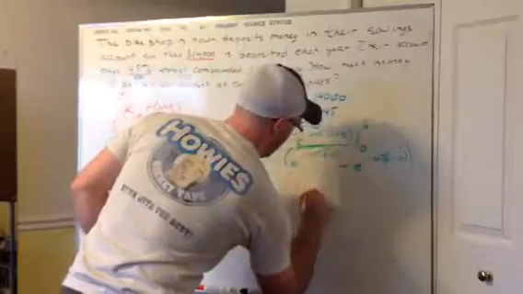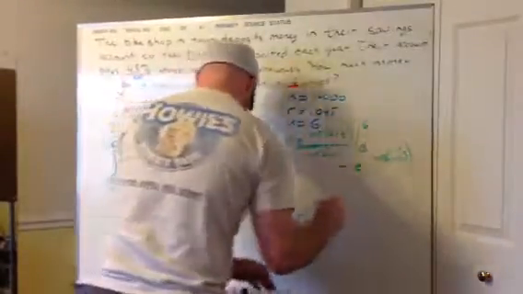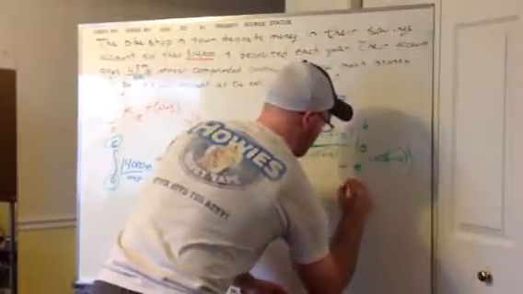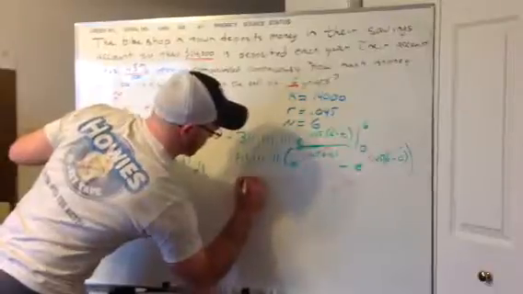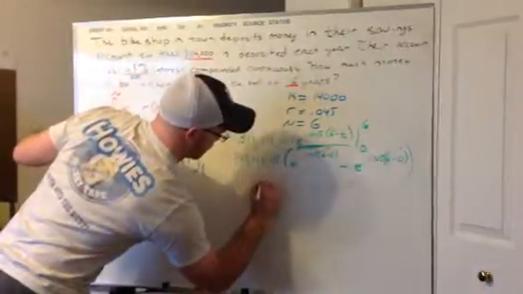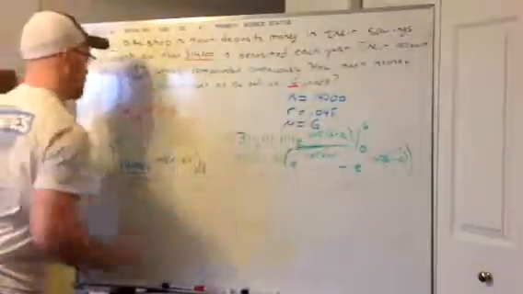So we have 1 minus e to the 0.27, all multiplied by negative 311,111.1111.